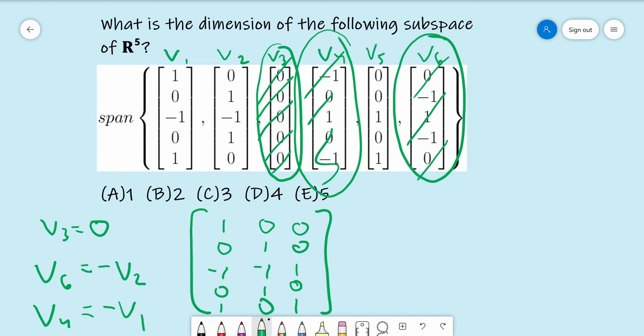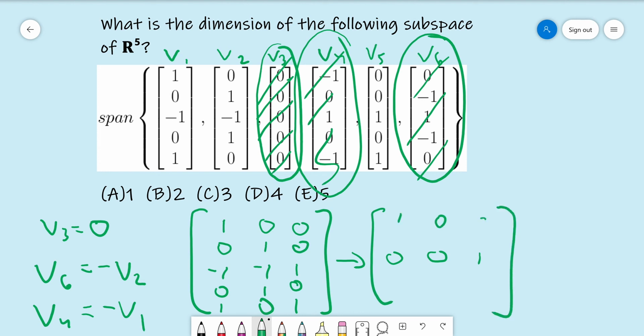If you add the first row to the third row, and then you add the second row to the third row, you'll get 0, 0, 1 in the third row.